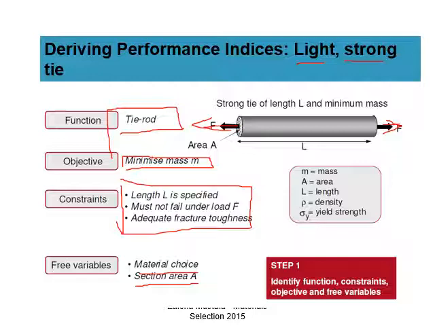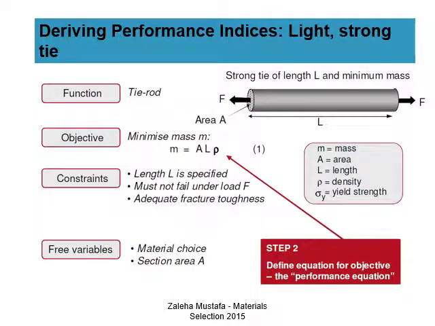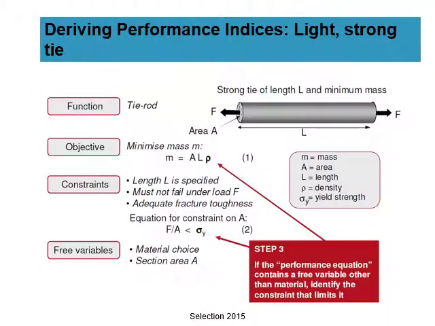In step 1, you need to identify the function, constraints, objective, and the free variables. Then in step 2, you define the equation, which is the objective, so that you can get the performance equation. Then step 3, if the performance equation contains a free variable other than material, identify the constraint that limits it. For example, like this one.